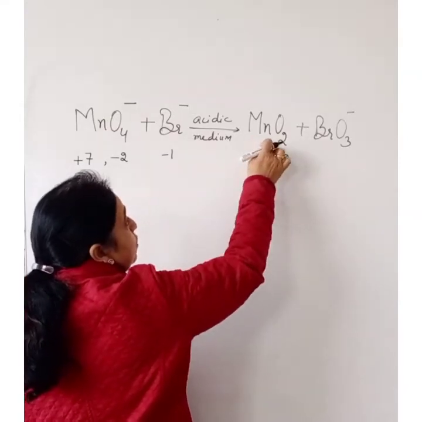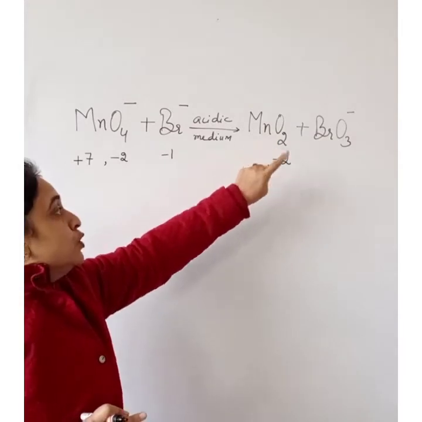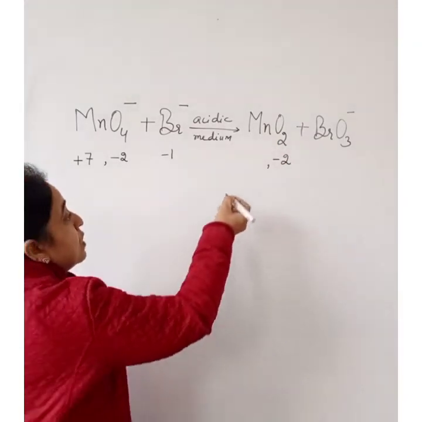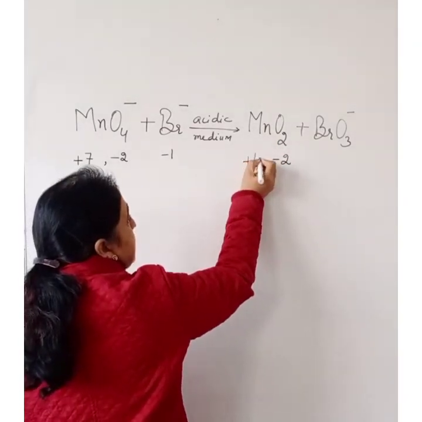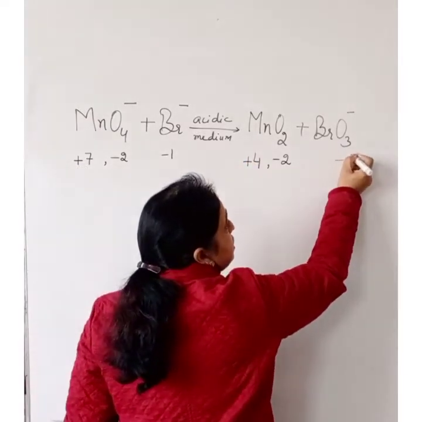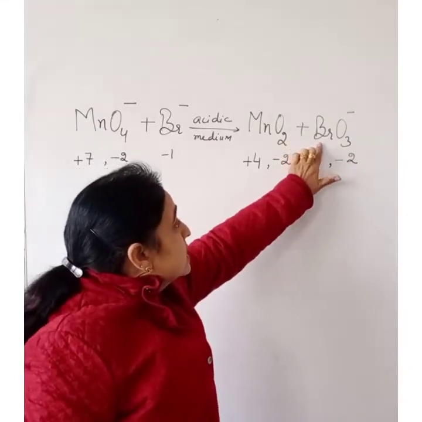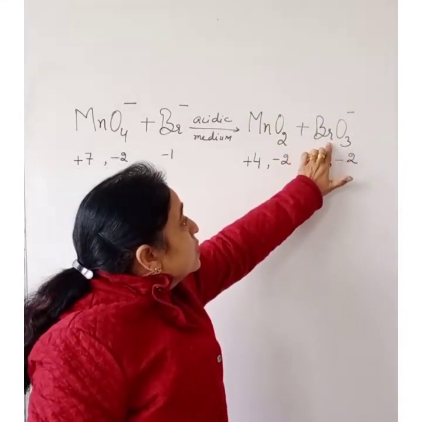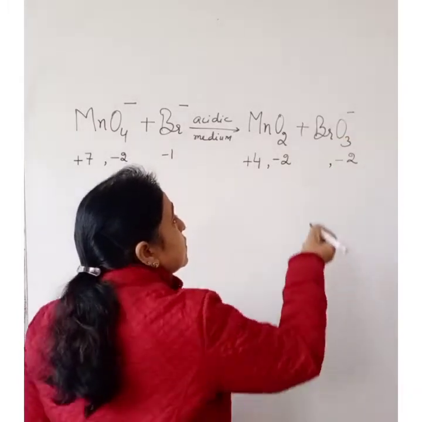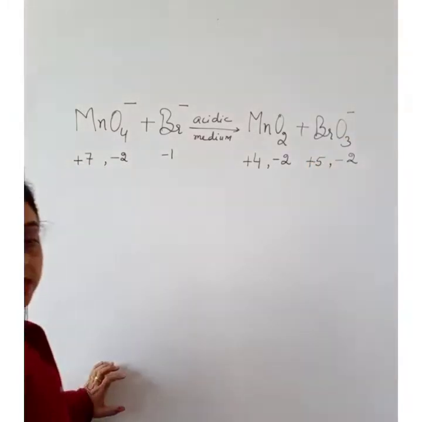If we don't know the oxidation number of Mn, we have to calculate: x plus 4 into minus 2 is equal to 0. So we are getting plus 4 as the oxidation number. Similarly, here oxygen is minus 2 and for Br, x plus 3 into minus 2 is equal to minus 1. So you are going to get the oxidation number plus 5.